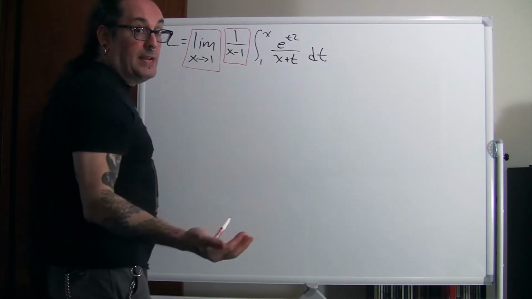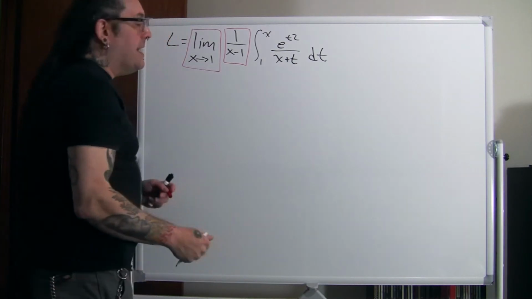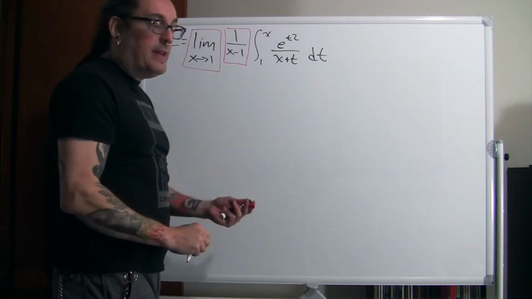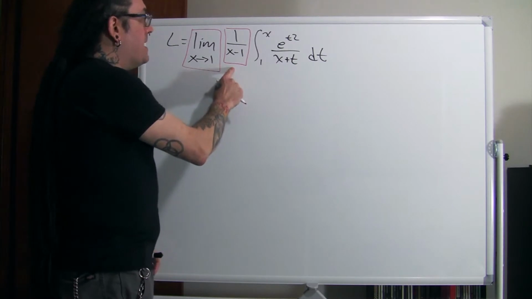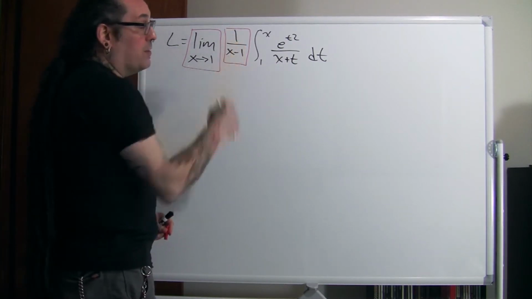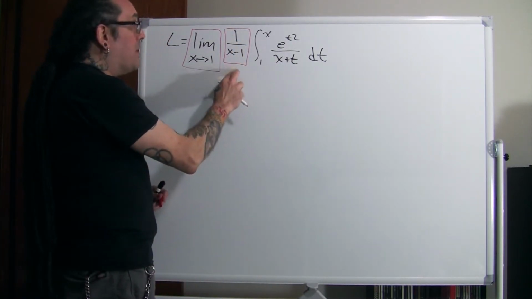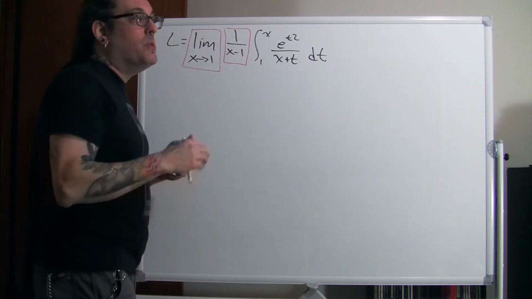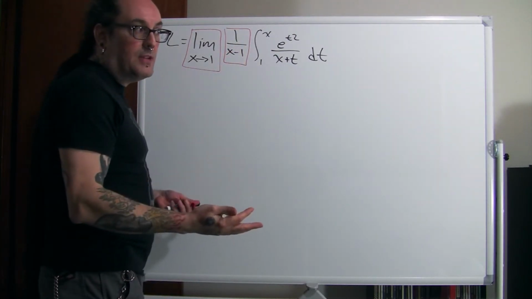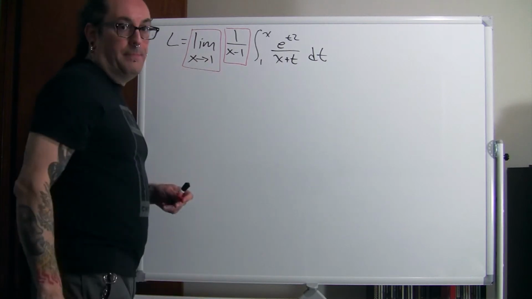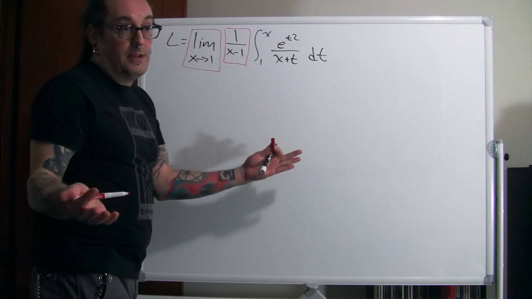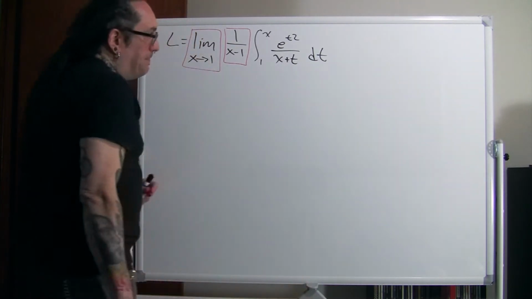And there's no algebra we can do to get around that. And if there's no algebra we can do to get around that, then this would be a limit that does not exist because we have 1 over 0. If you think about the graph of 1 over x minus 1, we certainly have a blow-up discontinuity at x equals 1. So that's problematic straight away.